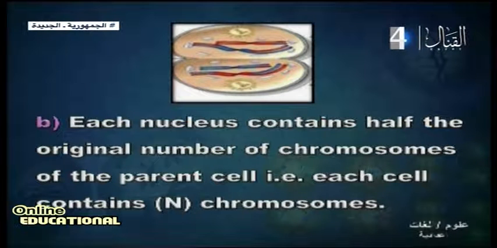In humans, the original reproductive cell contains 2n, or 46 chromosomes. At the end of this stage we have two cells, each containing n, or 23 chromosomes. By the way, 2n means 46, and n means 23 chromosomes, or half the number.